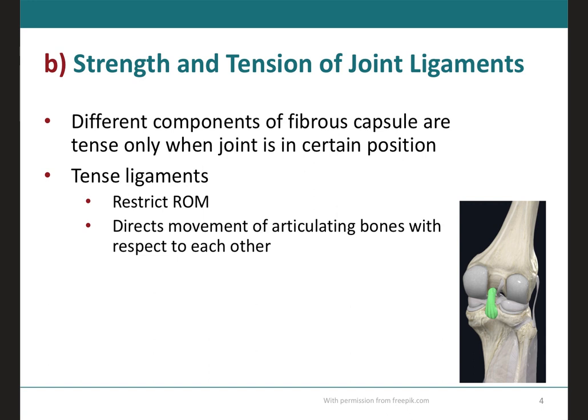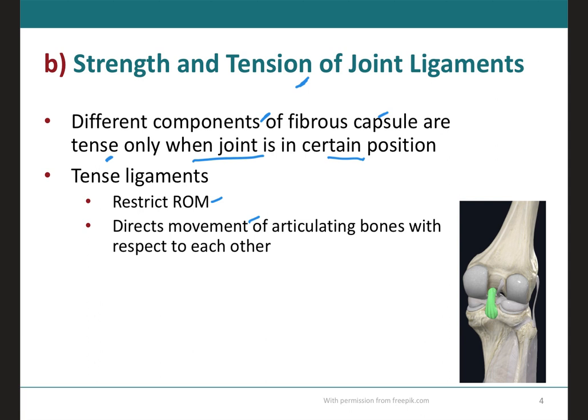Next, we have the strength and the tension of a joint ligament. The different components of this fibrous capsule are going to create a tension only when the joint is in a certain position. These tense ligaments not only restrict the range of motion, but they also direct the movement of the articulating bones with respect to one another.